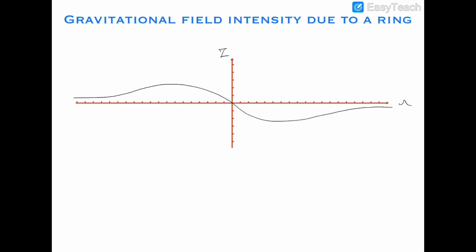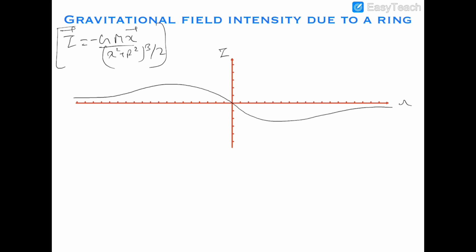Now while representing the magnitude of the gravitational field intensity with r for a ring, you can see that I is equal to G m x by x square plus r square to the power 3 by 2. If we write it in vector form, then there would be a negative sign. This negative sign states the fact that x and I are in opposite directions.